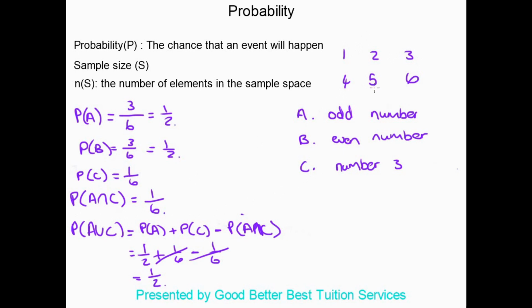And then the probability of C happening, which is number 3, would be the number 3. But you see, the thing is, we don't double count numbers. So the probability will stay as 3 over 6. Because we've already counted the number 3 when we looked at odd numbers, we cannot count it again. Okay? So we only count each outcome once. Obviously though, if there was more data and maybe we got extra numbers, then we would add on. Okay? And so you can see that 3 over 6 still gets us to a half to confirm that outcome.